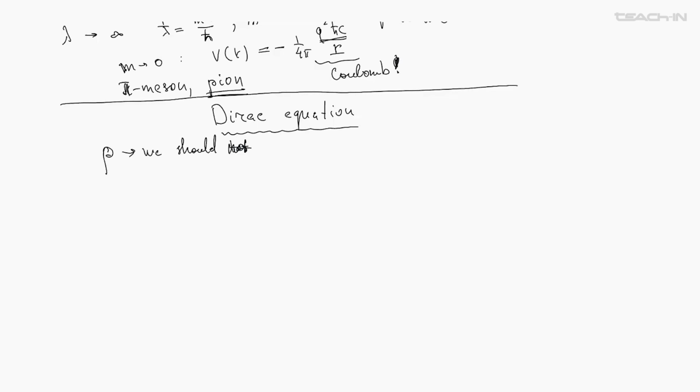The wave equation must therefore not contain time derivatives higher than the first order. So if you would have the wave equation, just like in the usual quantum mechanics, the Schrödinger equation, it's an equation which is first order in time, i h bar d over dt psi is equal to h psi. So the standard Schrödinger equation contains a time derivative of the first order, while as we discussed, the Klein-Gordon equation contains a second order derivative.